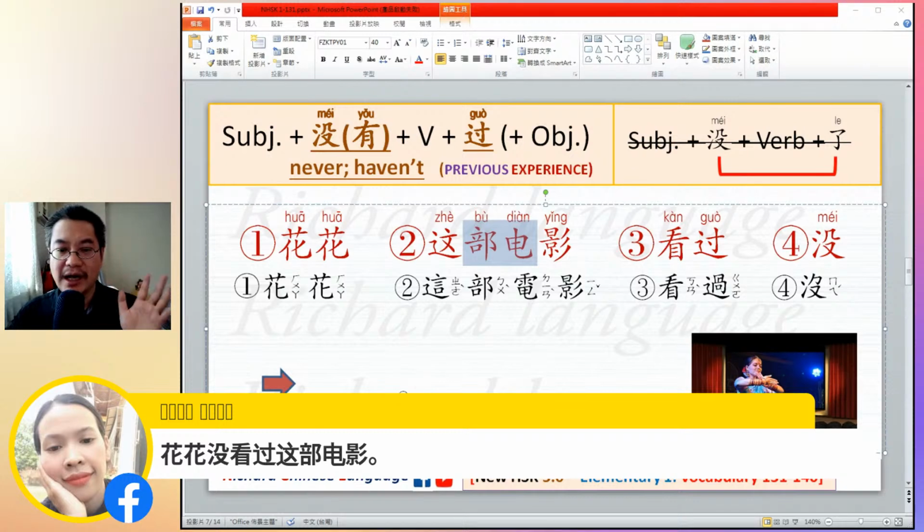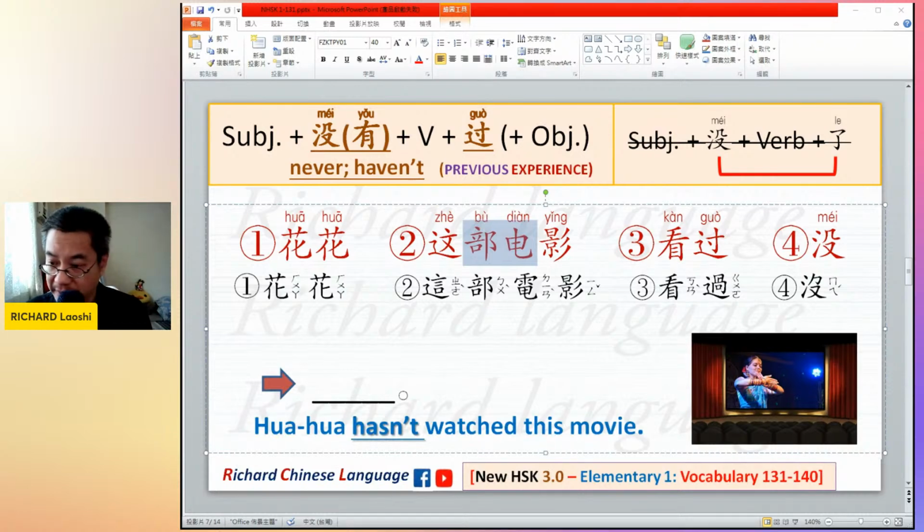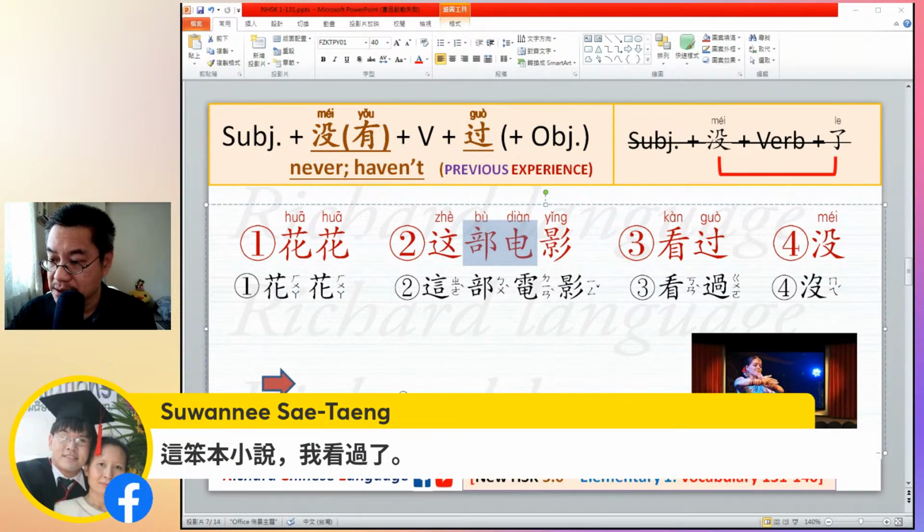Okay. 花花没看过这部电影. Perfect. 花花 is the subject. 没 or 没有, which means you can also say 花花没有看过这部电影. Okay? Very good, very good. 这本小说我看过了.